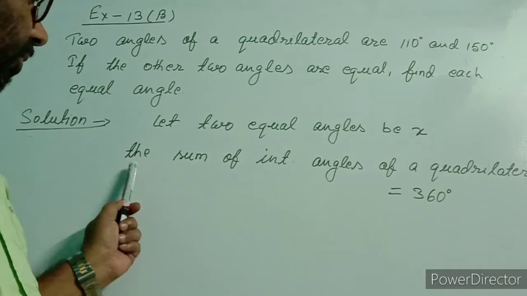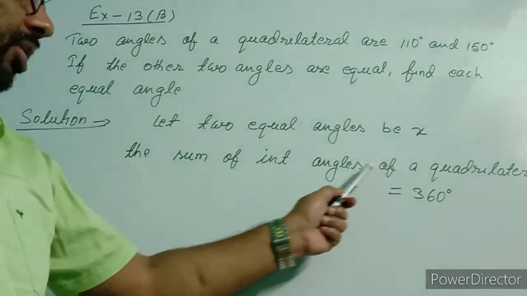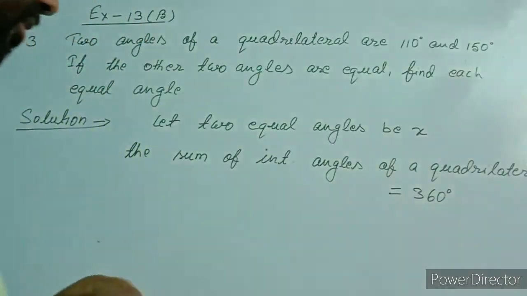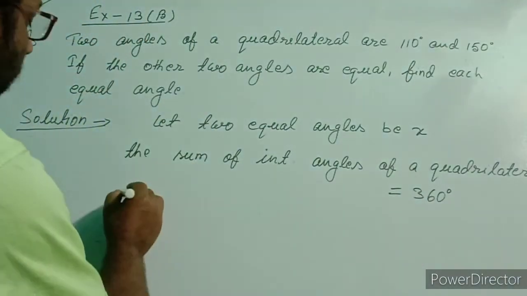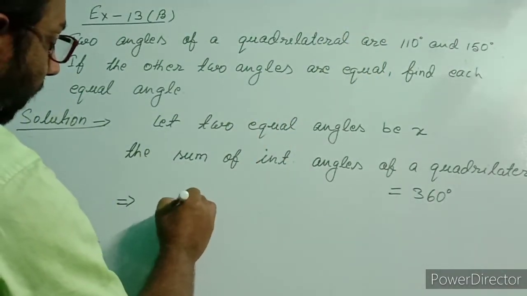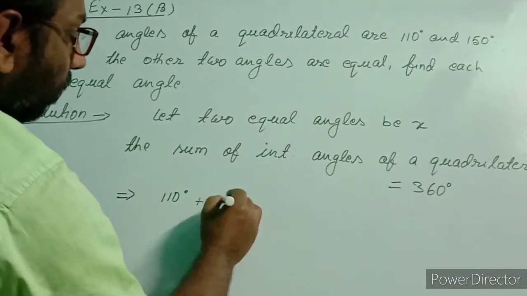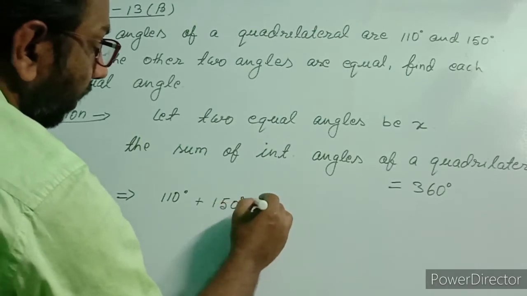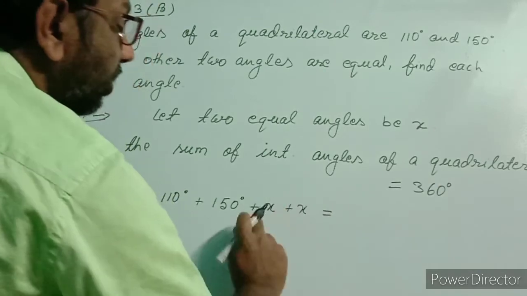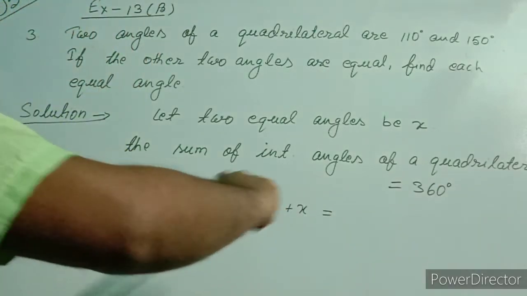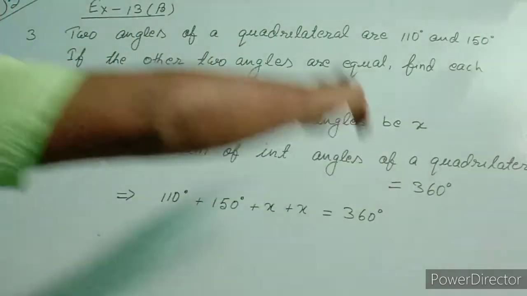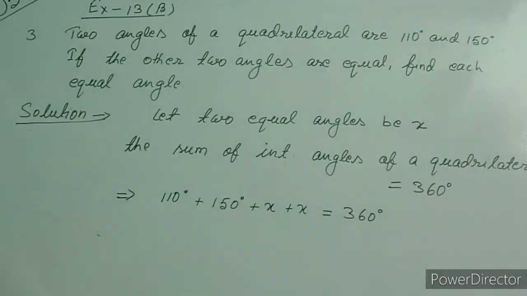Then we know the sum of interior angles of a quadrilateral equal to 360 degree. This is the formula that I write. Now it implies that 110 degree plus 150 degree, third angle is x and fourth angle is also x because the remaining two angles are equal, equal to 360 degree.